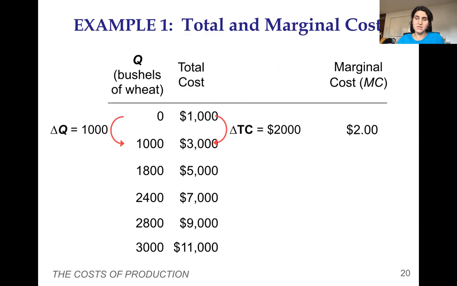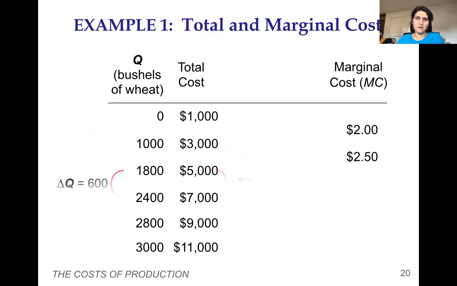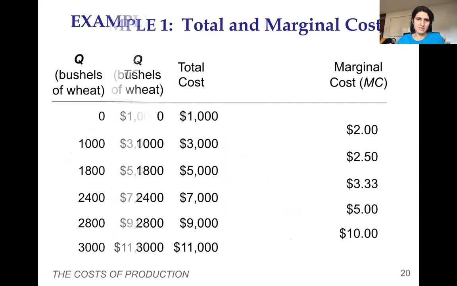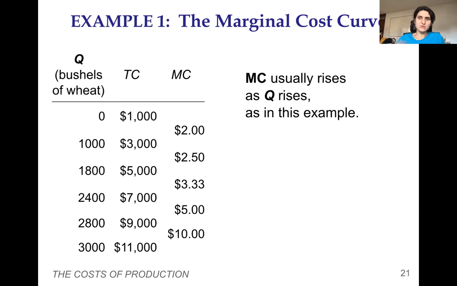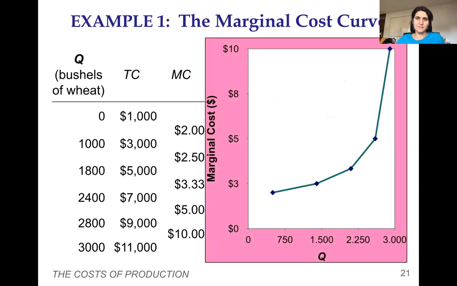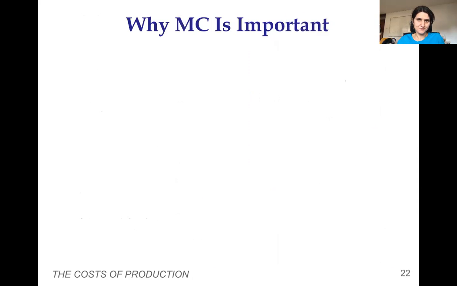We divide the change in total cost by the change in Q, and we obtain marginal cost like this. Then we are going to draw all of them. Marginal cost rises as Q rises, as in this example. We are going to have something like this in here.